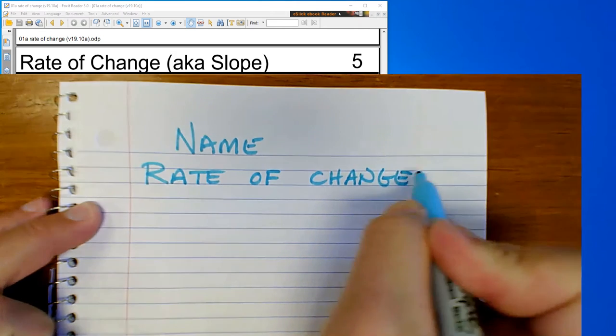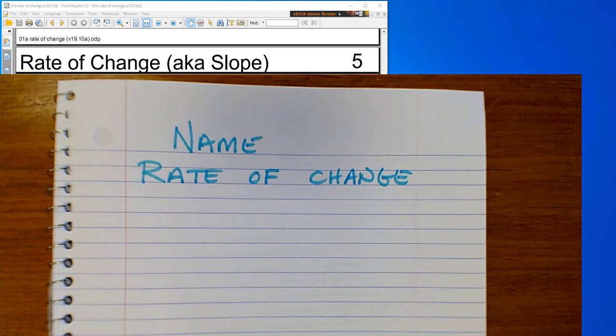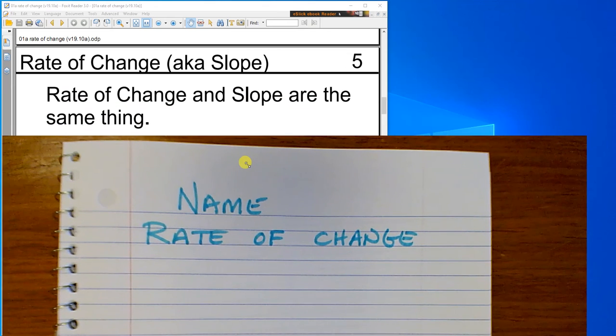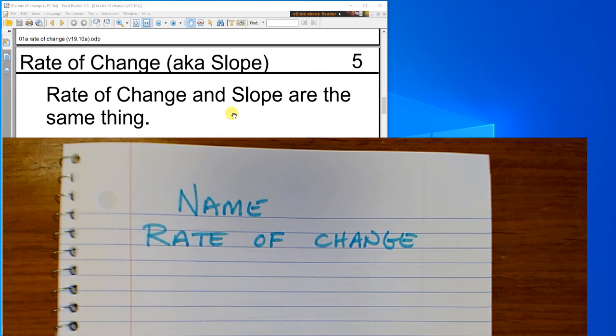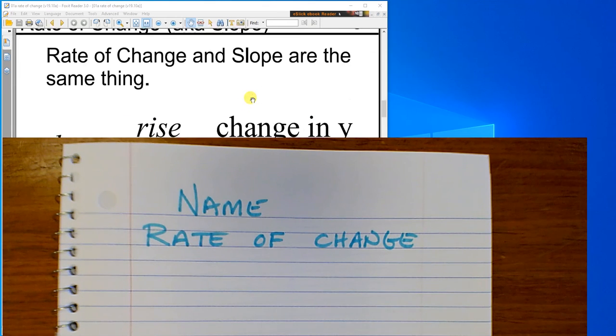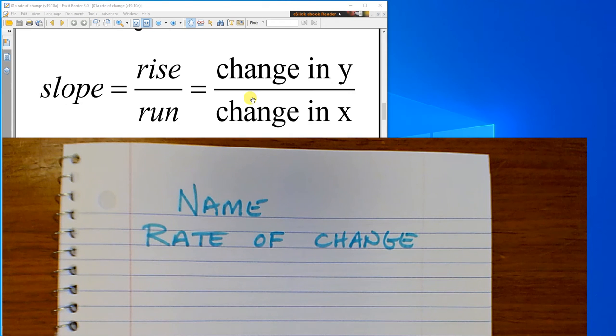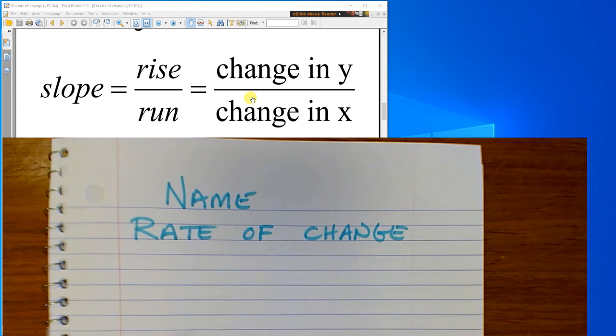And our title is rate of change, also known as slope. So rate of change and slope are the same thing. So we know that slope is called rate of change, which is rise over run, which is change in y over change in x. So we're going to get all of that into our notes.